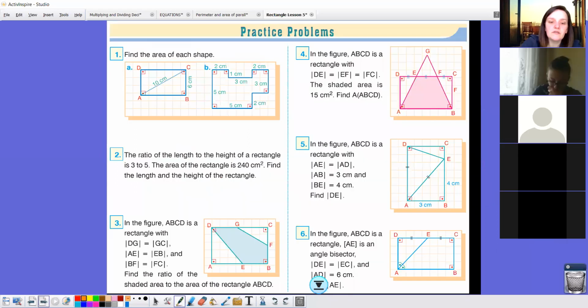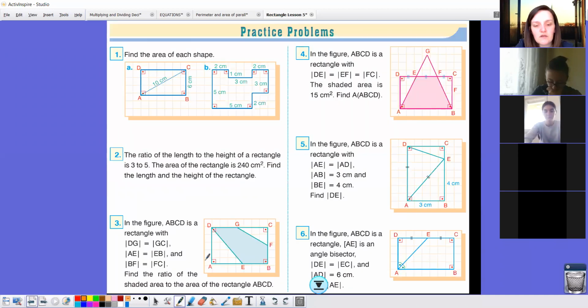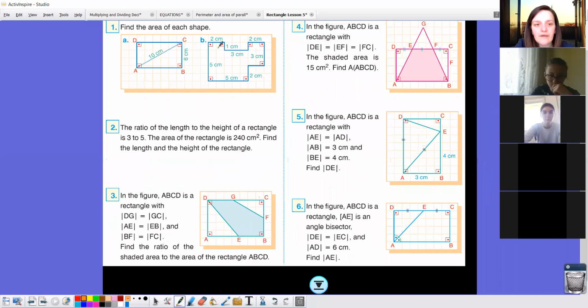Now, here are the practice problems. I will not solve the first one. Area of each shape is easy to find. And here, the ratio of the length to the height of a rectangle is 3 to 5. The area of the rectangle is, I think you can solve this one also.